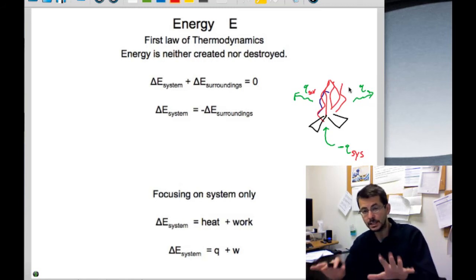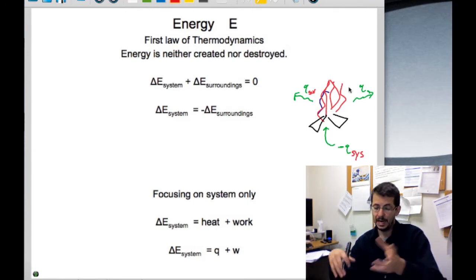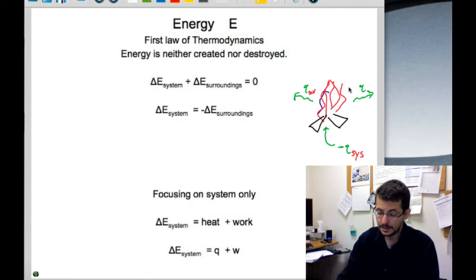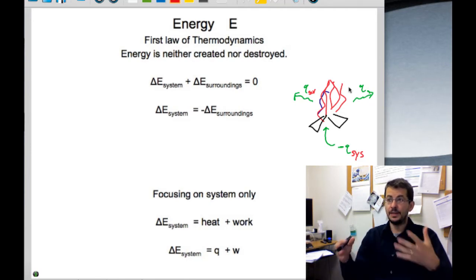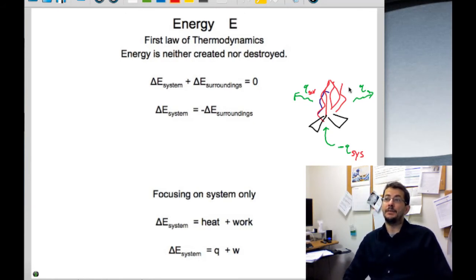If we just focus on the system, again, the system and the surroundings are interconnected, so what happens in the system happens in the surroundings. If we just focus on the system, all of the internal energy of the system, delta E, can be summed up by the heat done by the system and the work done by the system, given the symbols Q and W respectively.